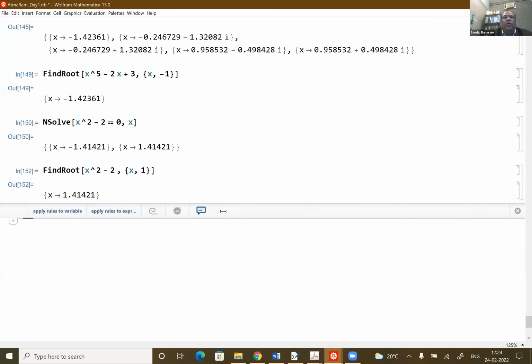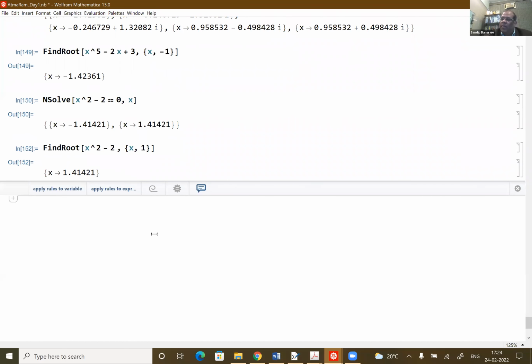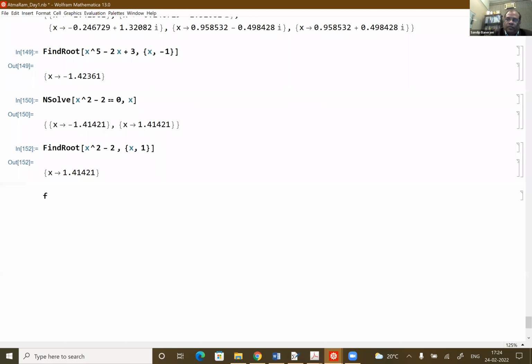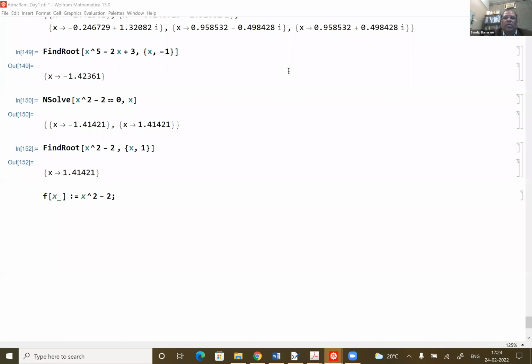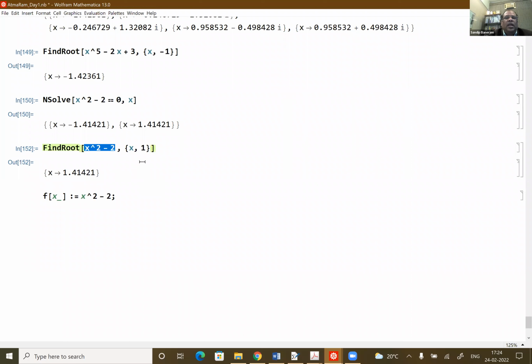Now, this is how it works, but if you actually want to do the actual method, say Newton-Raphson, I will just quickly show. So you define this function, and you put a semicolon. Okay, so x comma 1 means that you're finding the root of this expression. x is the variable, taking the initial value 1.